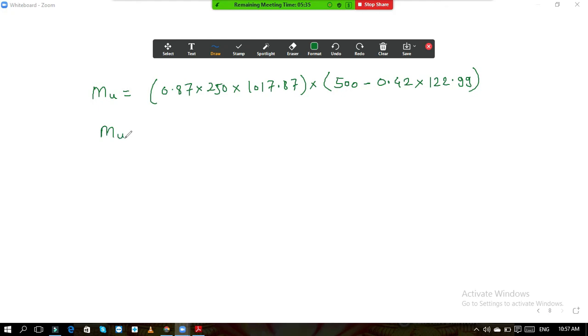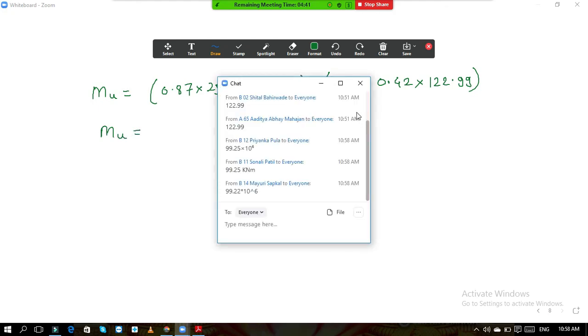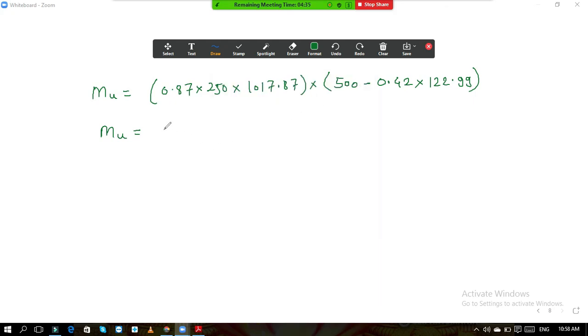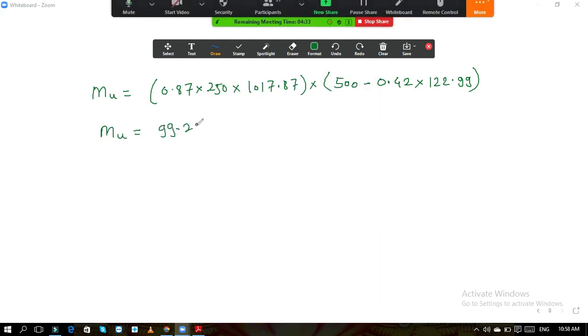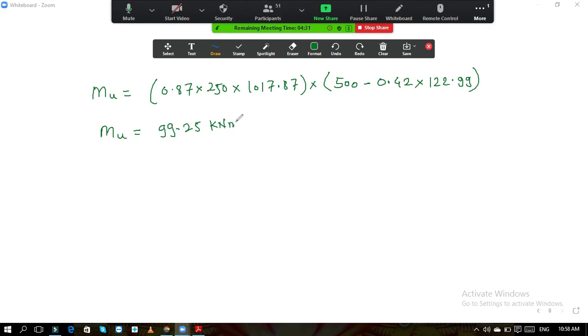After solving this you will get the value of MU, 99.25 kilonewton meter. So this is the final answer.